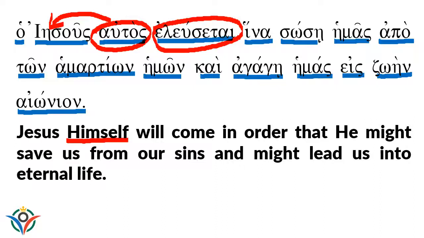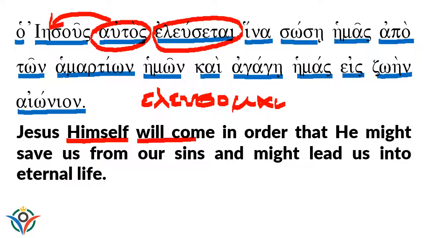It actually comes from the deponent verb erkamai, and it has an irregular future stem. So this is a deponent future, and that principal part is actually elusamai. All right, so that's where elucitai comes from, and we translate it as will come.